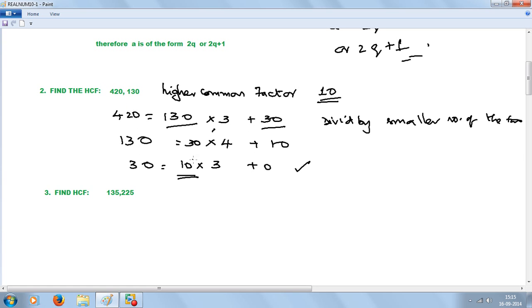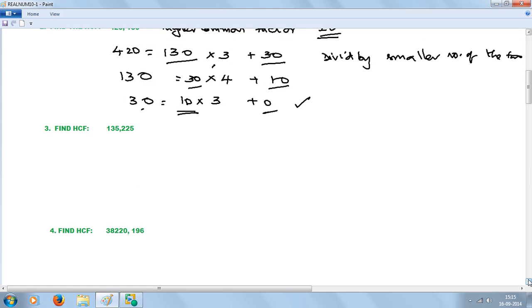Next, 30 divided by the remainder. So this goes to the next line. Now the remainder is 0. So this 10 is the highest common factor. So we'll do some more problems just to become familiar with this method.